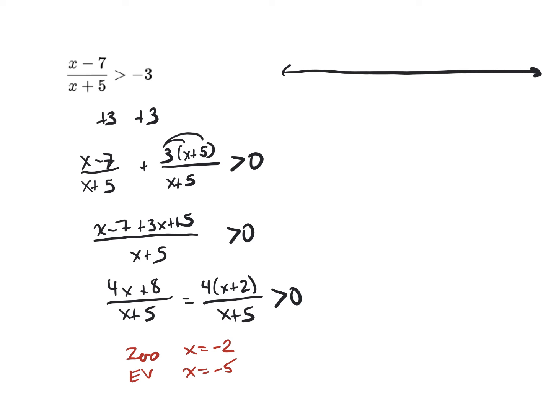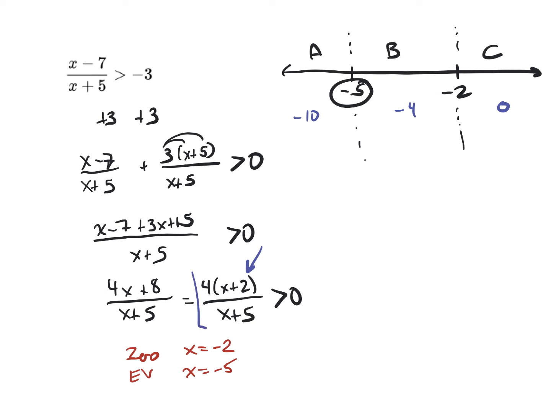Here's my number line. So I have -5, which is an excluded value, and I have -2. So I'll have 3 regions, A, B, and C, that I'll be dealing with. So I'll just pick a number in each region. So we'll make this -10, we'll make this -4, and we'll make this 0. So remember, I'm going to plug into the new expression, the one that's all simplified.